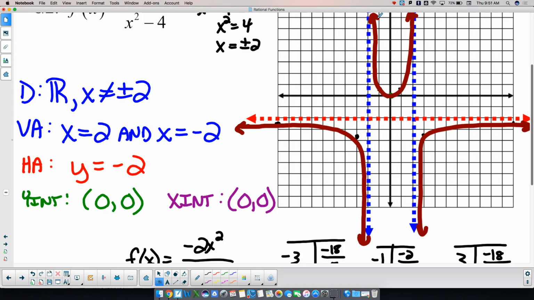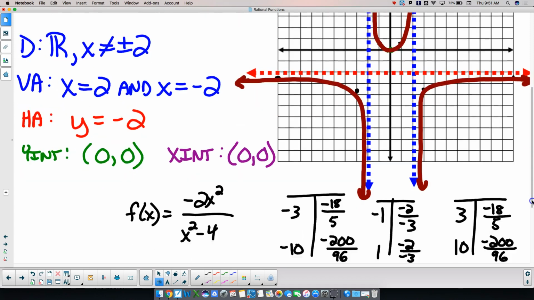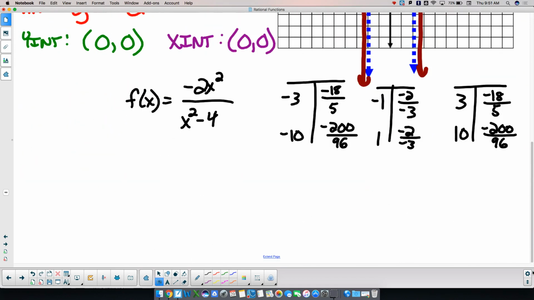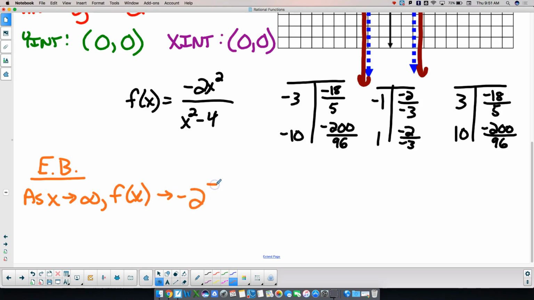End behavior. I'll go way down here with it. So my end behavior is, as x is going to infinity, my function is approaching negative 2 from below.